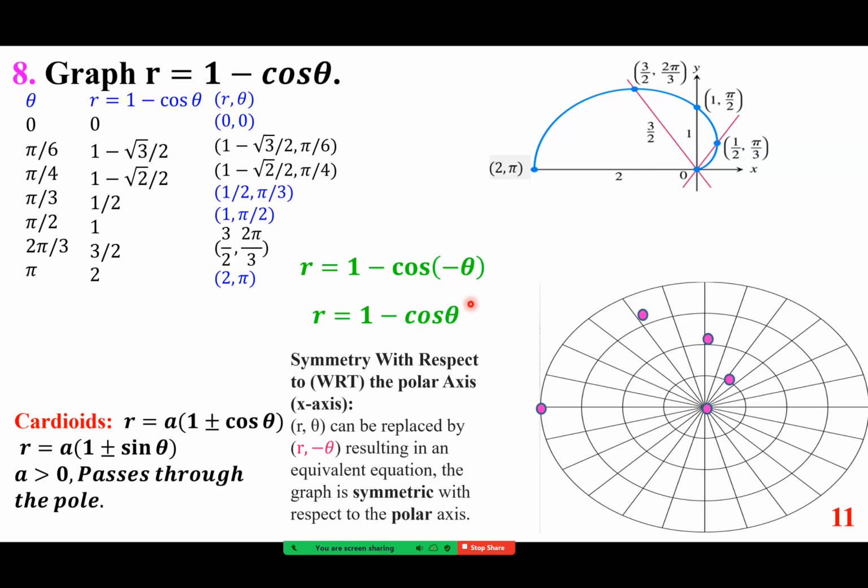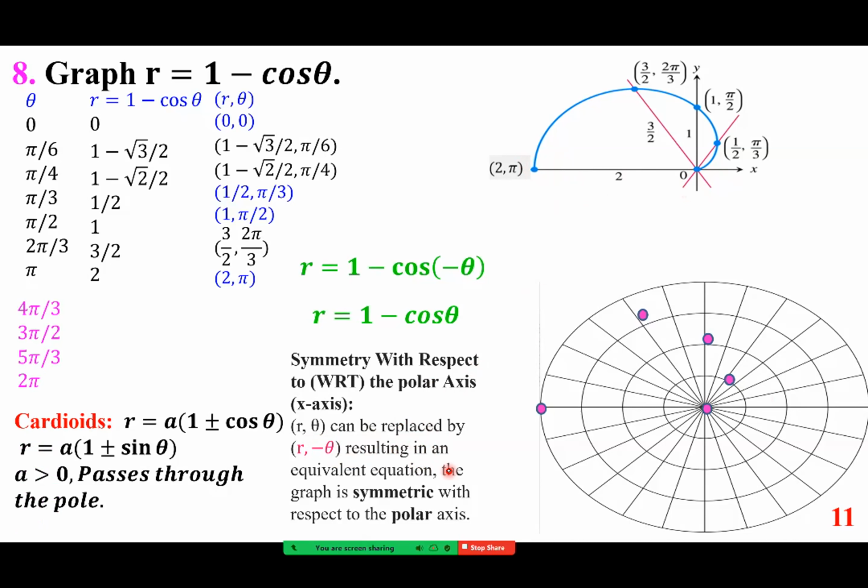When r comma theta can be replaced by r comma minus theta, we have symmetry with respect to the polar axis, with respect to the x-axis. So this one, the same thing at the bottom, right? By symmetry.